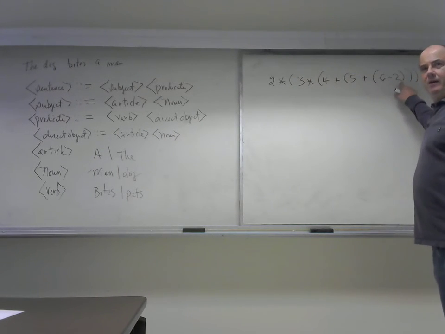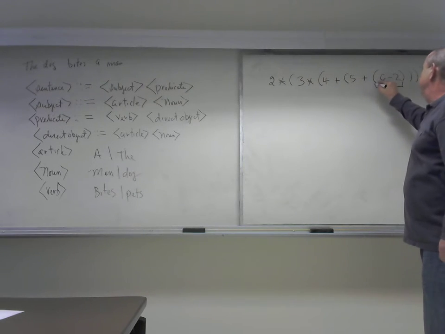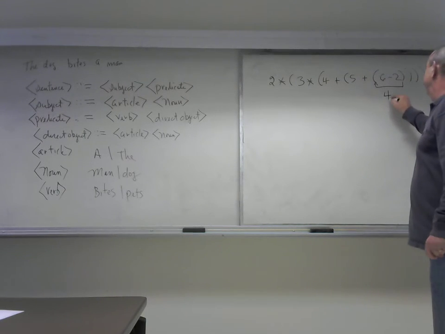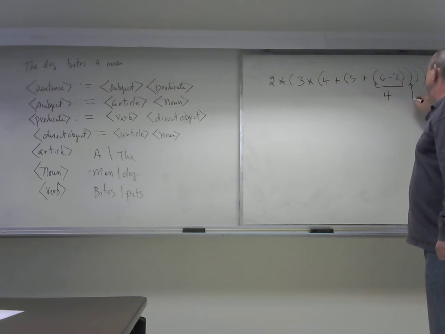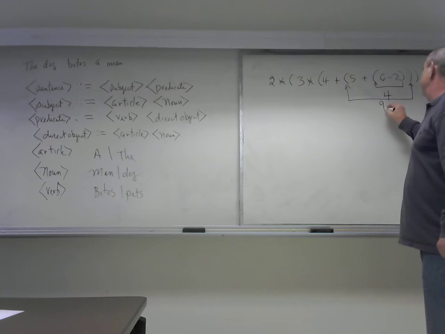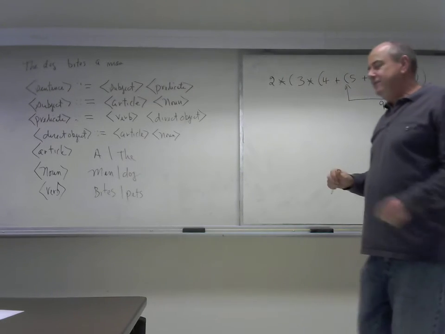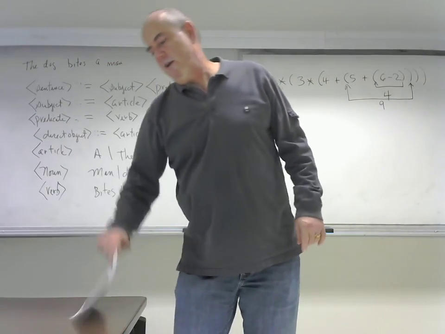There's the first one. Backtrack and grab the closest open paren. Now do 6 minus 2 and you get 4. Go again, you hit this, backtrack till you find the closest open paren, and 5 plus 4 is 9. Does that work? But it's messy. So it's easier to convert these things into pre or postfix.